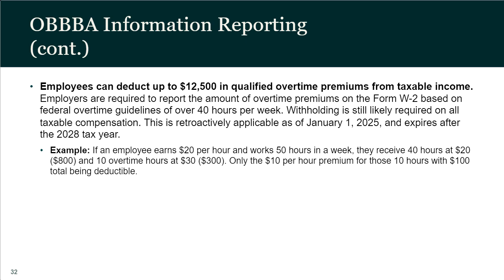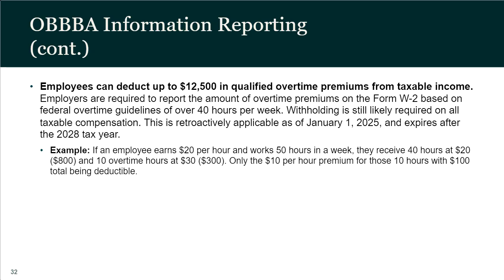It's your responsibility to report to the individuals the amount they're going to then need to use to calculate. So it's not as if you would just adjust withholding for these things, because you don't really know if they're going to qualify or not qualify for the deduction. So this is what's going to generate refunds to individuals on the back end, because you're going to withhold based on the whole amount.